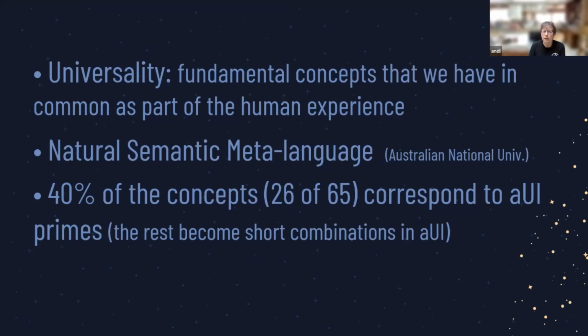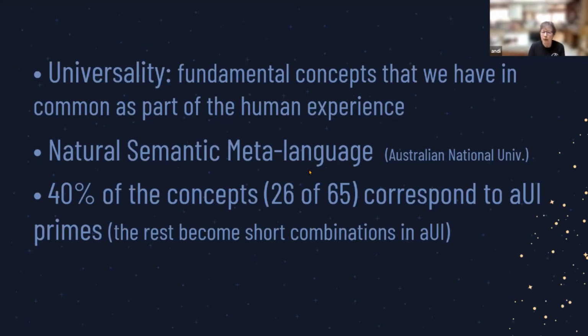These are a set of 65 primes now that their research began in the early 70s, and they've looked at dozens of languages, representatives of at least 16 different language groups.